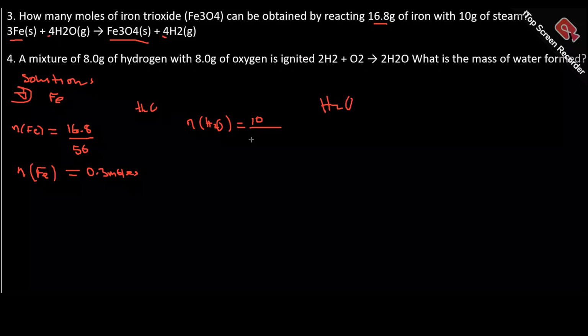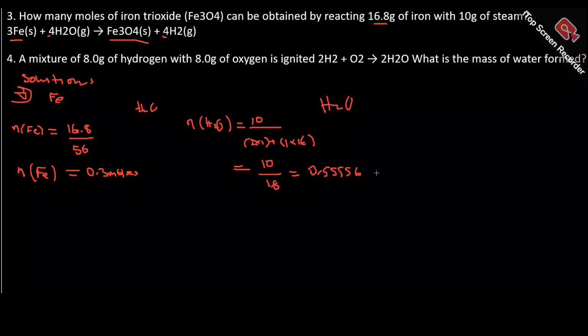So you have 2 hydrogen times the atomic mass, just 1, plus how many oxygen do you have? 1 multiplied by the atomic mass, 16. Okay, so we're going to have 10 divided by 18. When you do the calculation, you should get 0.55556.